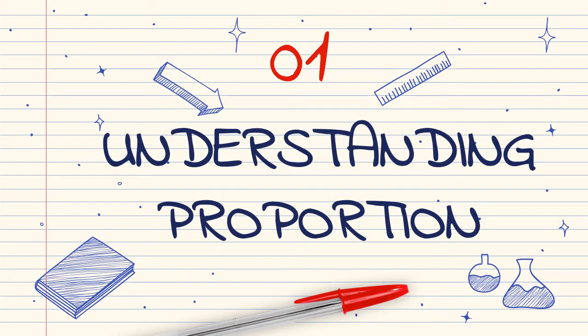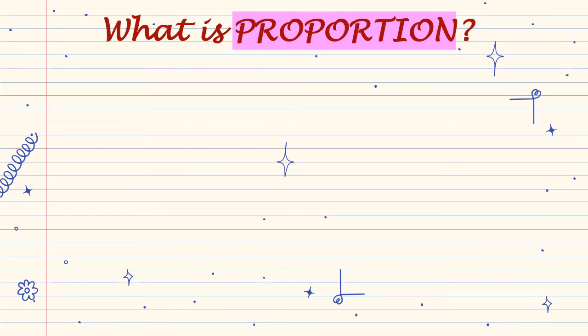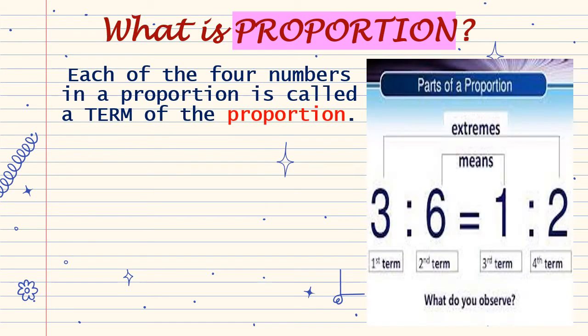Okay, understanding proportion. So what is proportion? Each of the four members in a proportion is called a term of a proportion. We have the first term, second term, third term, and fourth term. In this form, this is the ratio form.